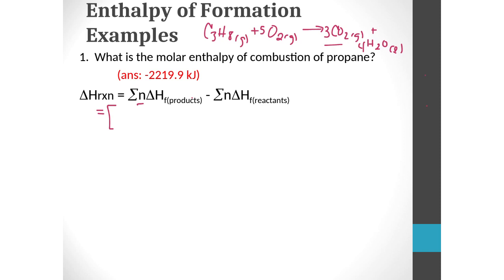So we're going to say we have 3 moles of CO2, and we're going to multiply that by the enthalpy of formation of CO2. So you have to go to your data booklet to look this up. And when you do, you'll see that CO2's value is negative 393.5 kilojoules per mole. And again, we don't have 1 mole, we have 3.